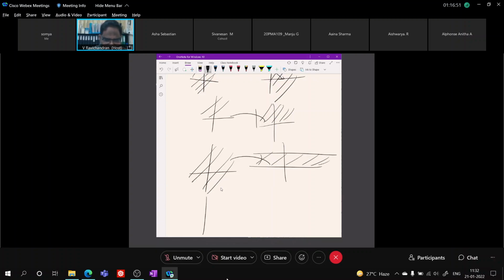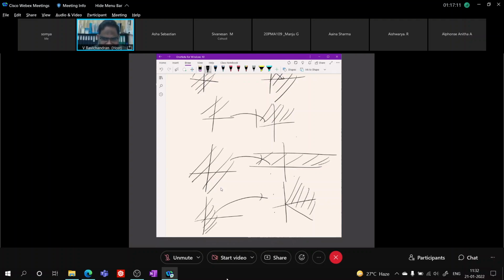Any region omitting more than 2 values gives constant mappings. Even if you consider a sector, no problem. It maps only to a sector, then also constant, because it omits more than two values.